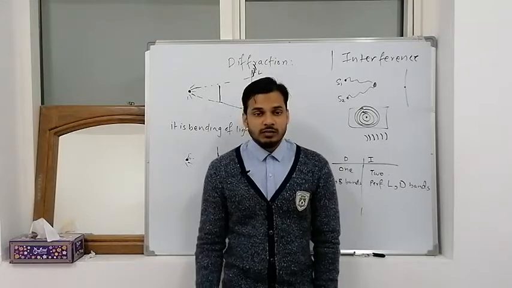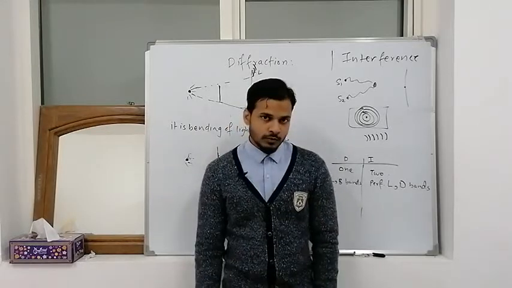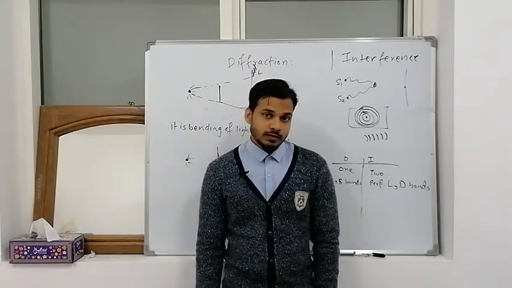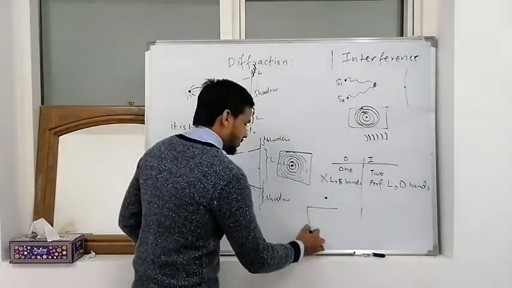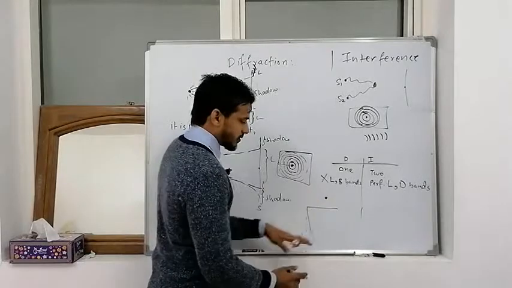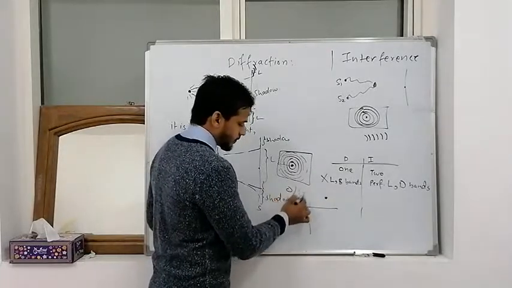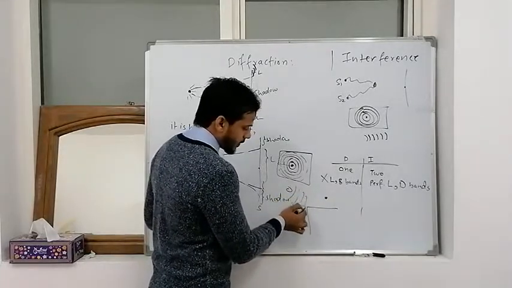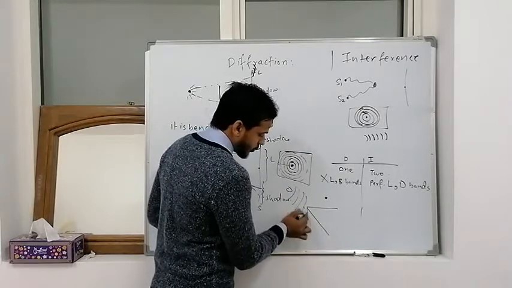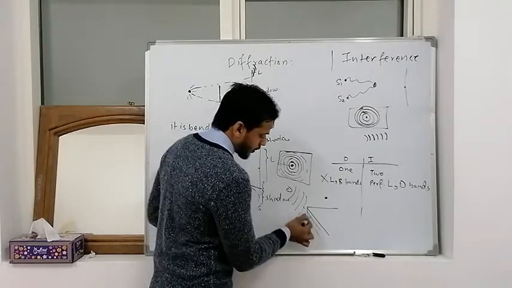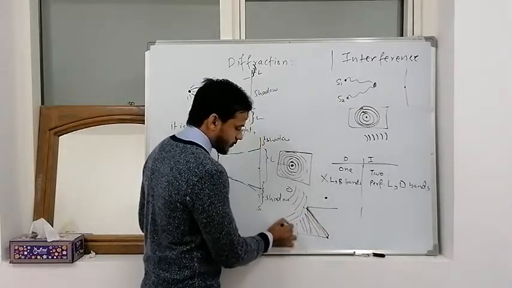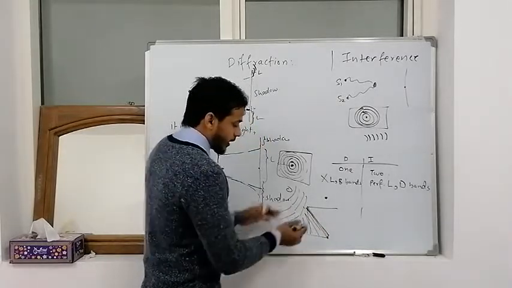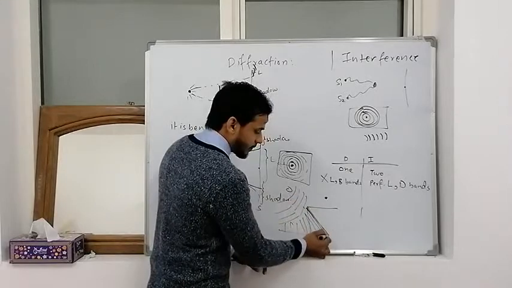For example, this is some part, the sun is here. If the sunlight is going, it will go only up to here or outside. It cannot go inside, but it goes.